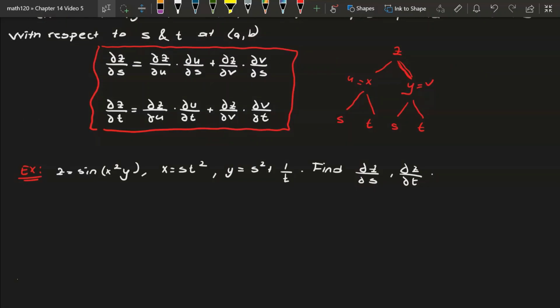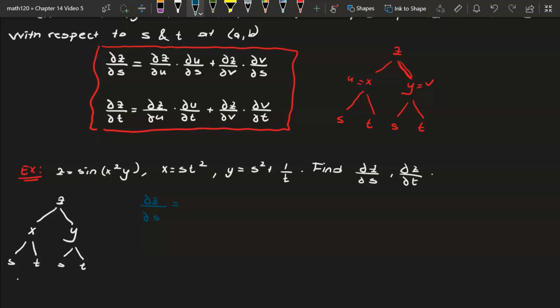And we are asked to find del z over del s, del z over del t. You see, z is a function depending on x and y, which are functions of s and t. We are asked to find the derivative of z with respect to s.